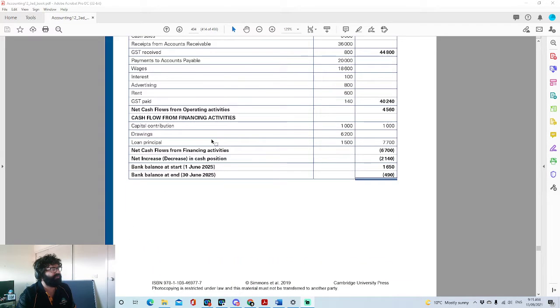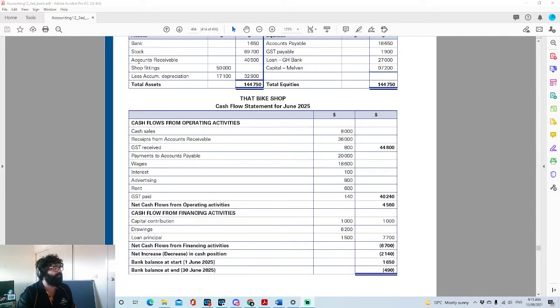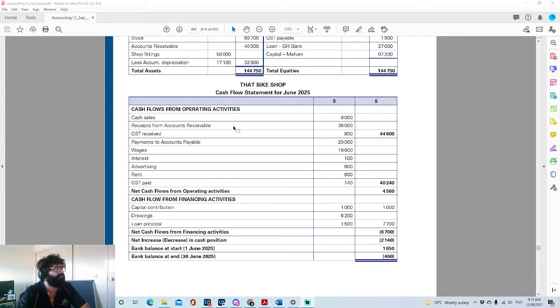Looking at the cash flow statement, there's nothing in investing, so shop fittings is going to stay at 50,000. Then we've got operating, where we had a net cash inflow of 4,560. The outflows consist of payments to accounts payable, wages, interest, advertising, rent, and GST paid.